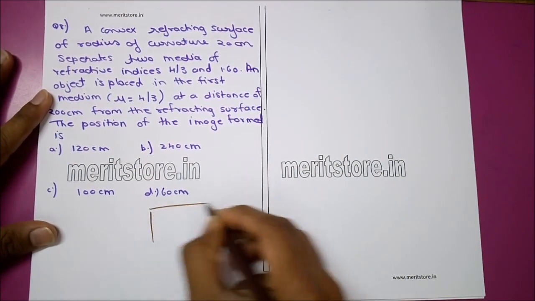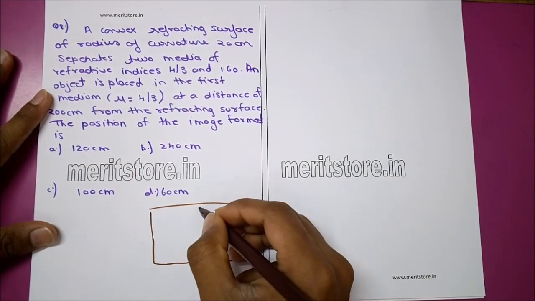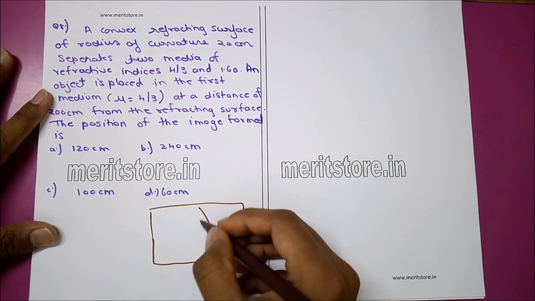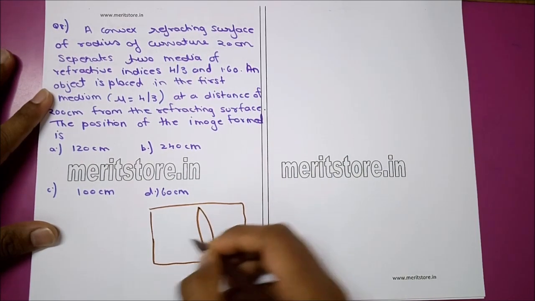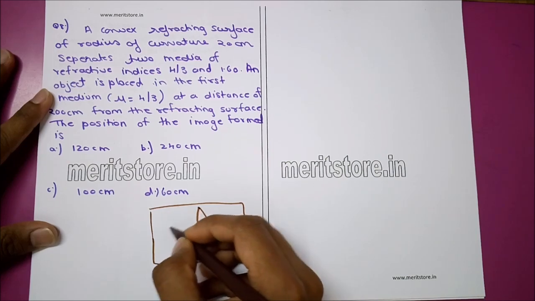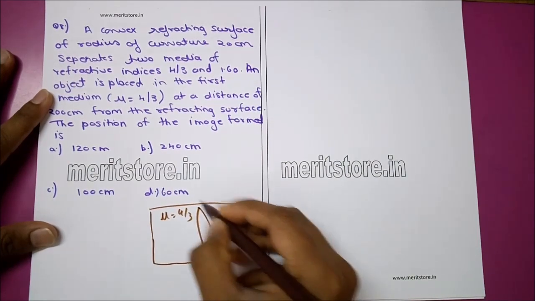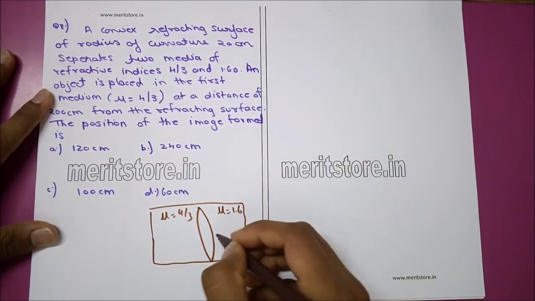So let us consider this as a space. So there is a refracting convex surface. So this is medium A of mu equals 4 by 3 and this is medium B of refractive index equals 1.6.